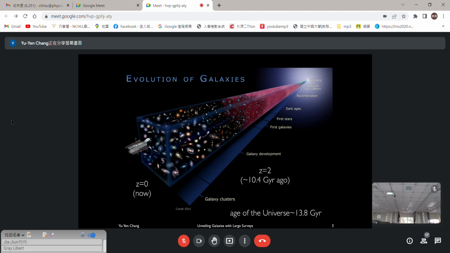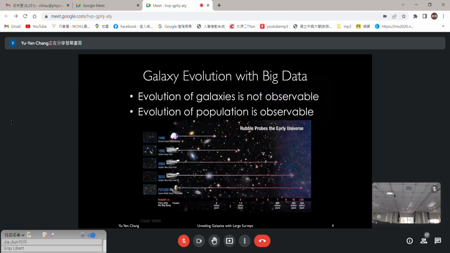If we use a telescope such as the Hubble Space Telescope to observe the sky, we are able to study the evolution of galaxies. However, the evolution of a single galaxy is not observable. We are not able to observe a galaxy from its birth to death.